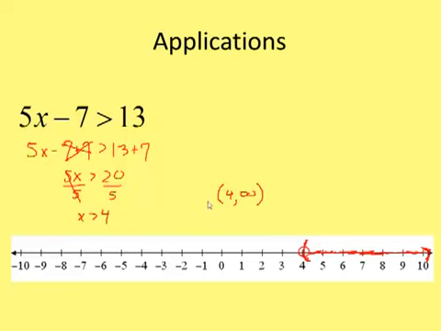And so that's the solution for this. That means x can be anything in this interval. It can be 5, it can be 12, it can be 167 over 2. It can be anything in here, but it can't be 4 because 4 is not in this interval.